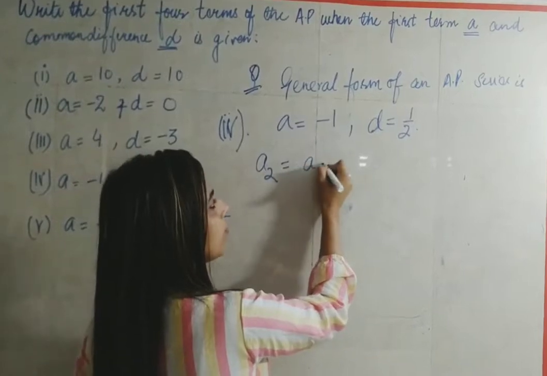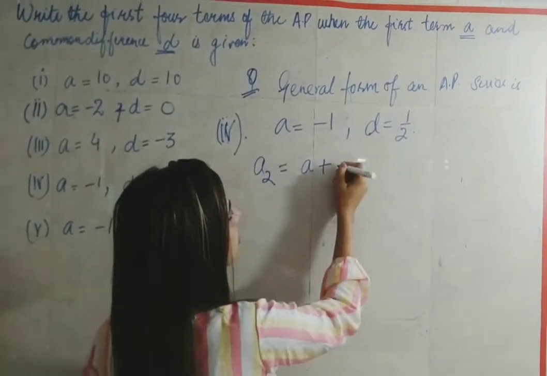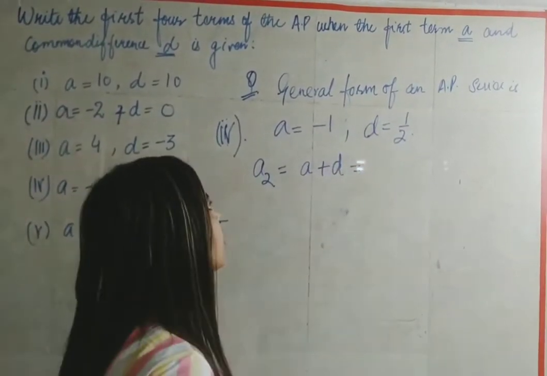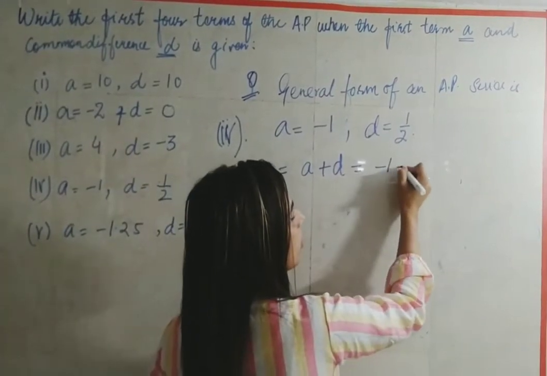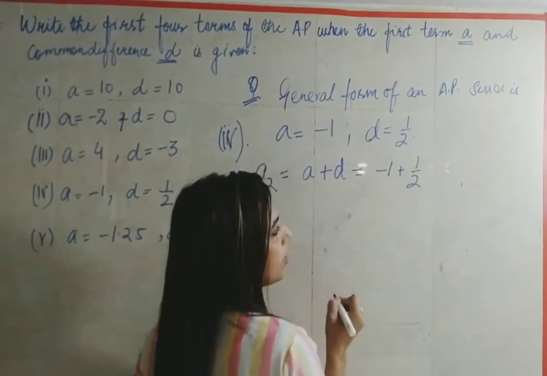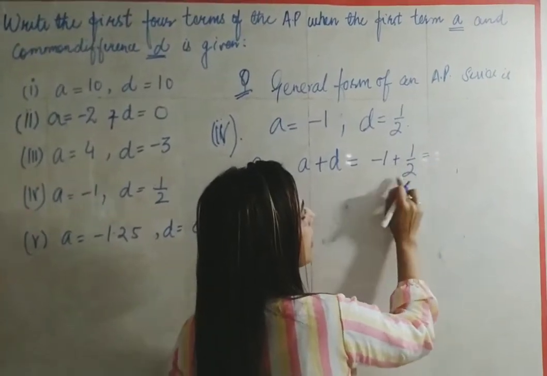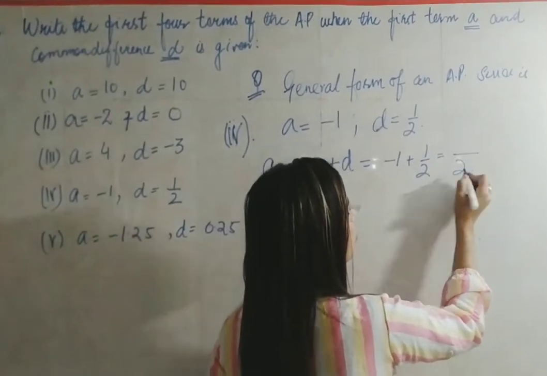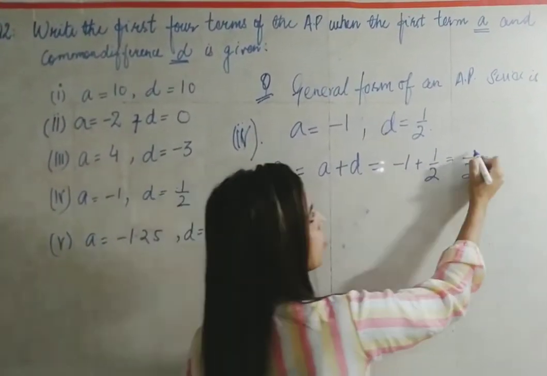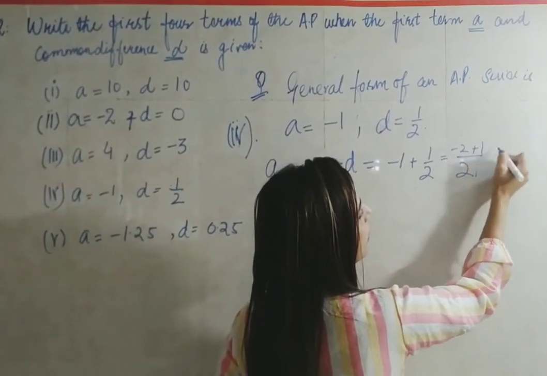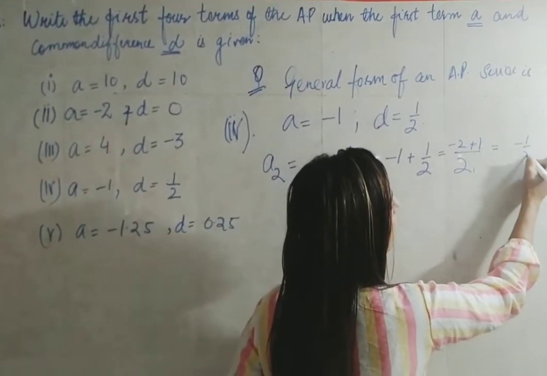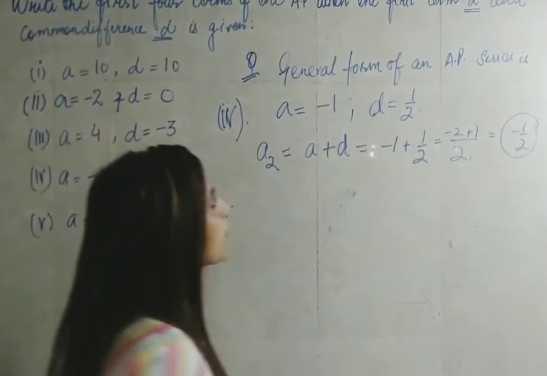A2 will be A1 or A, whatever it is, plus D, and it will be equal to minus 1 plus D, which is 1 by 2. So here we'll take the LCM, it is 2. 2 into minus 1 is minus 2, plus 1, and it will become minus 1 by 2.